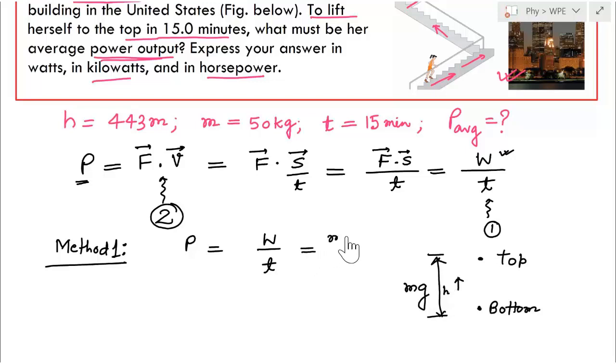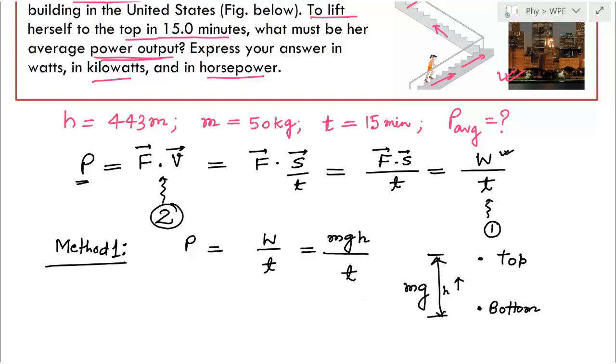You can also understand this because there is a change in potential energy when she is going from bottom to the top, and that change in potential energy is equal to mgh. Since there is no change in the kinetic energy, the work done is equal to the change in potential energy, that is mgh, and then I have to divide by time to get the power.